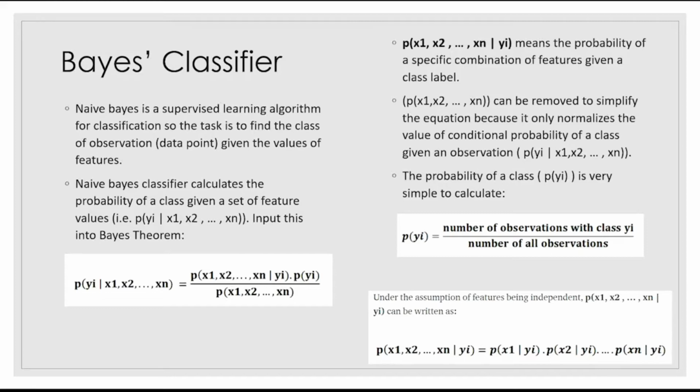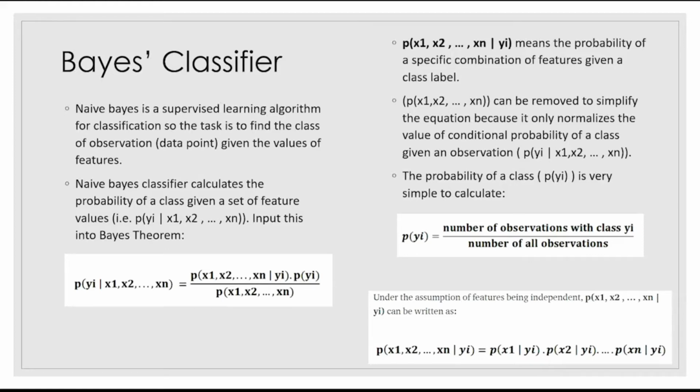The key difference is that naive Bayes assumes that features are independent of each other and there is no correlation between the features. However, this is not the case in real life. This naive assumption of features being uncorrelated is the reason why the algorithm is called naive.